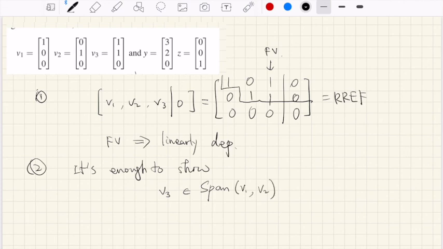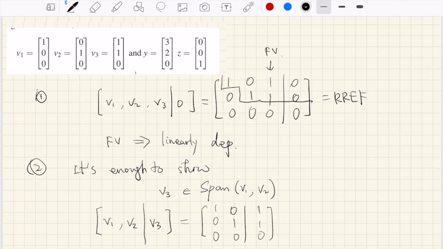To do that, we should look at the following augmented matrix, V1, V2, using these two moving skills to try to reach V3 position. Then this augmented matrix is 1, 0, 0, 0, 1, 0, but here is the bar separating right and left hand side. So V3 becomes the answer column.